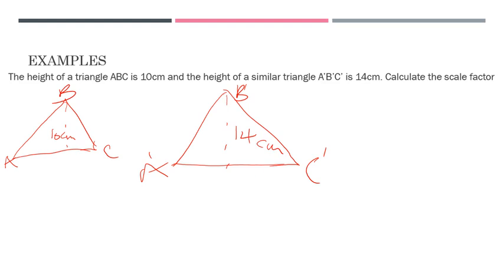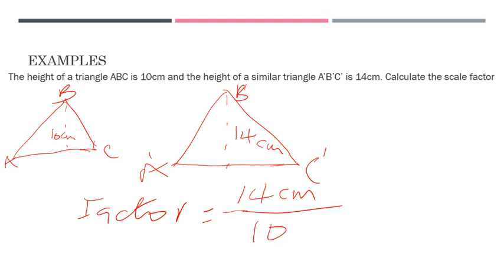Okay, and factor yathu apapo ndiye kuti will be equal to the length of the enlarged object, which is 14 centimeters, divided by the height of the object. In this case we are considering height, divided by 10 centimeters. So 10 into 14, that will give you 1.4. So if we look at 1.4, it's more than 1. So being more than 1, it means the image is bigger than the object.